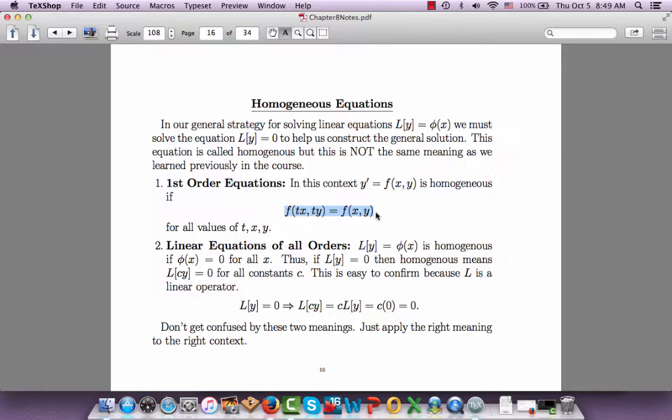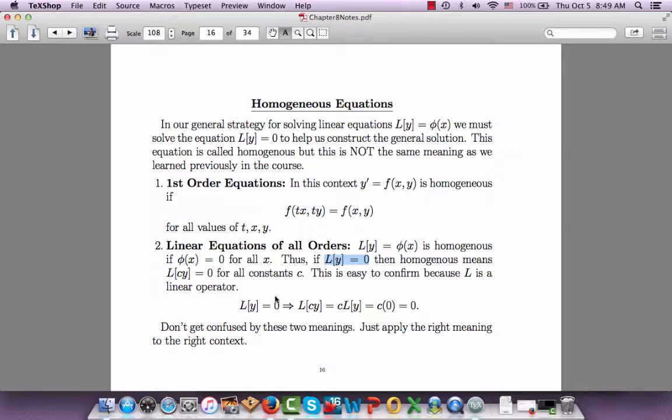For the rest of the course, we're talking about linear equations. A linear equation is going to be called homogeneous if the right-hand side of the equation is 0. And why we call this homogeneous is for the same idea, but it's not the same concept. It's because if we have a solution to this equation, then any multiple of that solution will also be a solution.